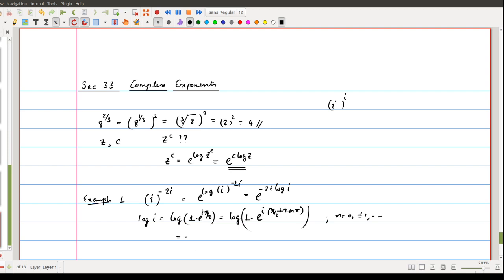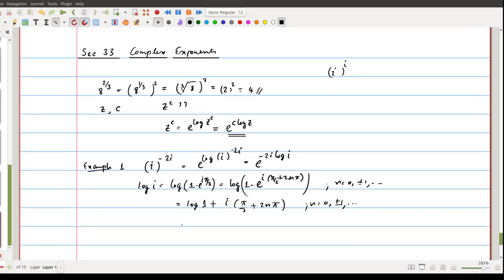And we can write this as log 1 plus, by the definition of logarithm, i times pi by 2 plus 2n pi, where n is equal to 0, plus or minus 1, etc. So this is the expression for log i.